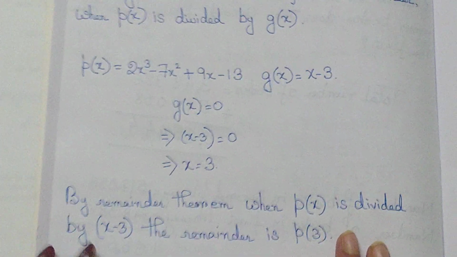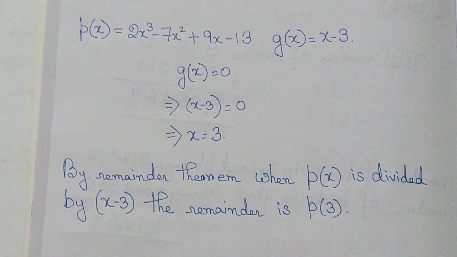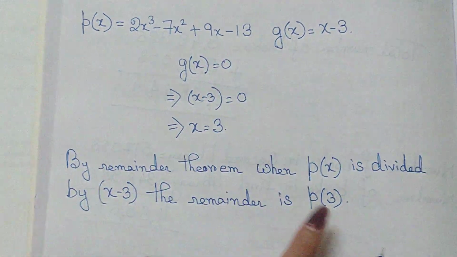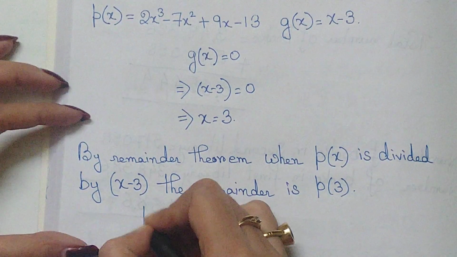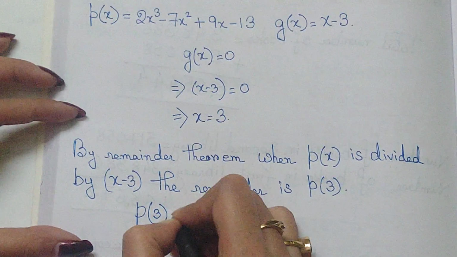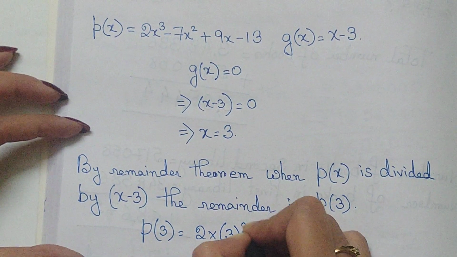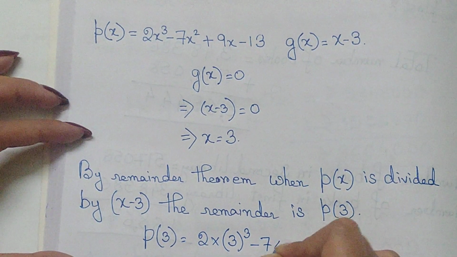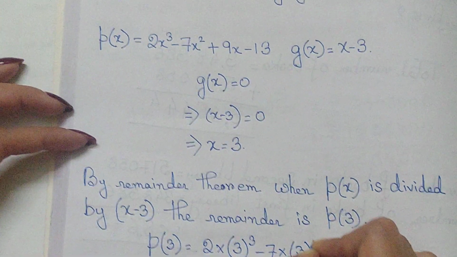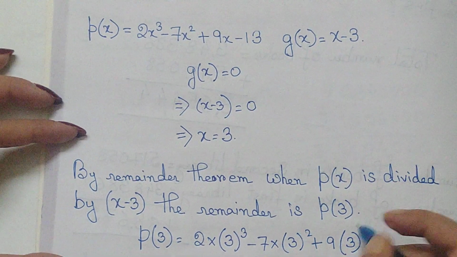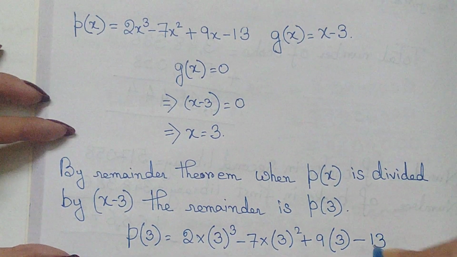This is the statement of the remainder theorem. So I need to find p(3). That means x will be substituted by 3. So p(3) equals 2 into 3 whole cube minus 7 into 3 square plus 9 into 3 minus 13.